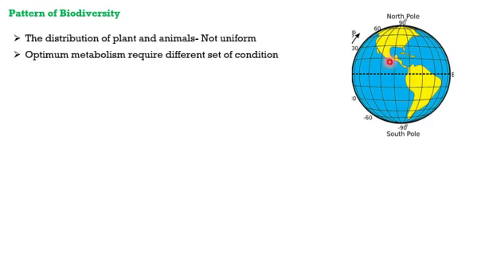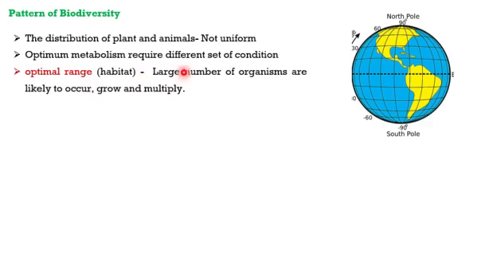That is because optimum metabolism requires a different set of conditions. For example, most animals are warm blooded, right? Warm blooded means our body temperature falls between 25 to 35 degrees Celsius. So we require this optimum temperature to make sure our metabolic activities go properly. For that, the optimum range is important.